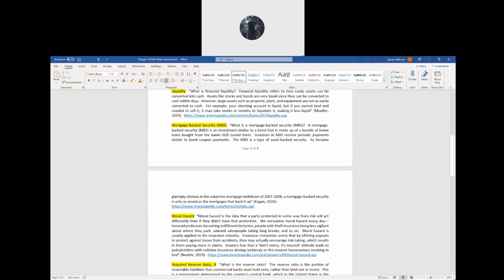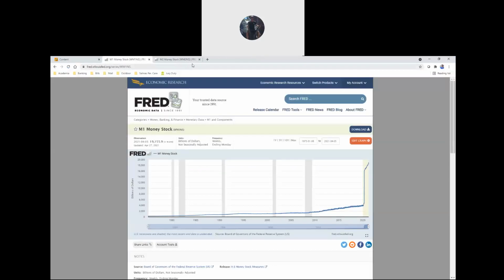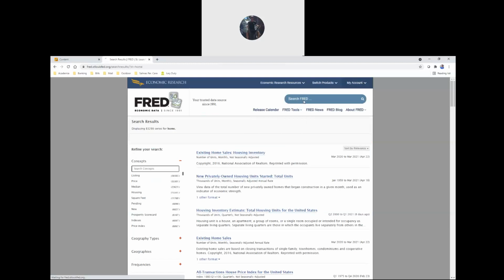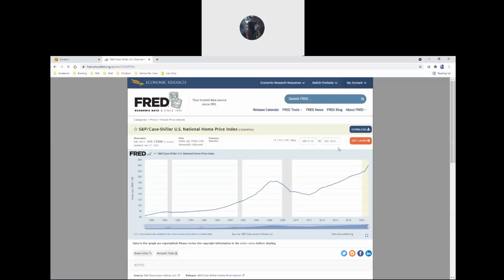Okay, and remember I showed you this from last time. Let's see if I can find it again. Okay, I think I pulled this up last time, but here's the S&P Case-Shiller U.S. National Home Price Index, which was updated in February.